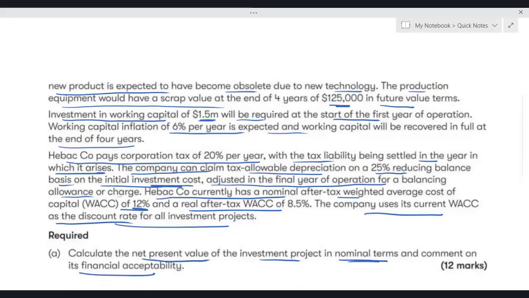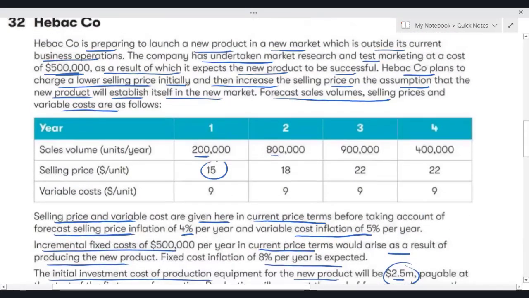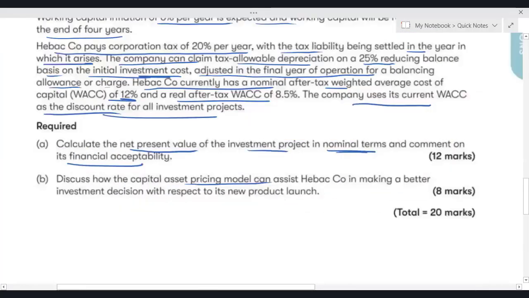So first, let's incorporate the inflation to the selling price and variable cost. Selling price inflation is 4% and variable cost inflation is 5%. Let me quickly show you the working.